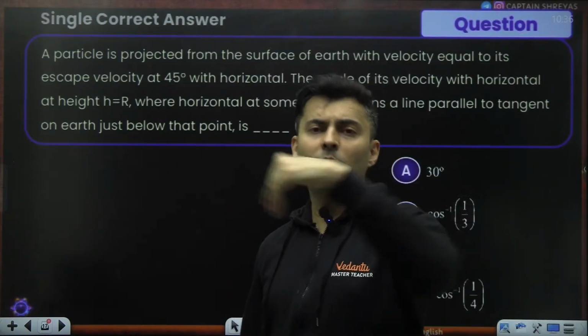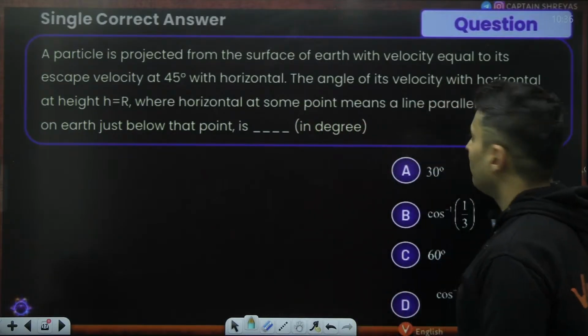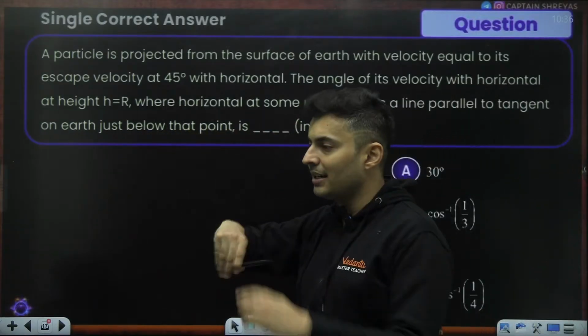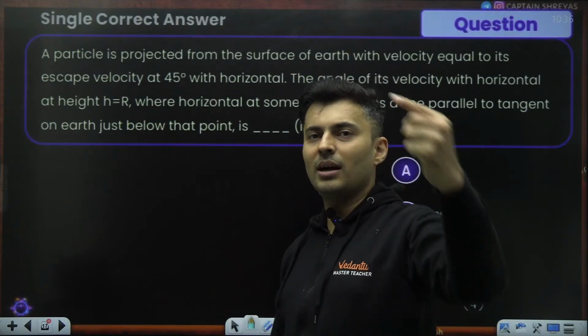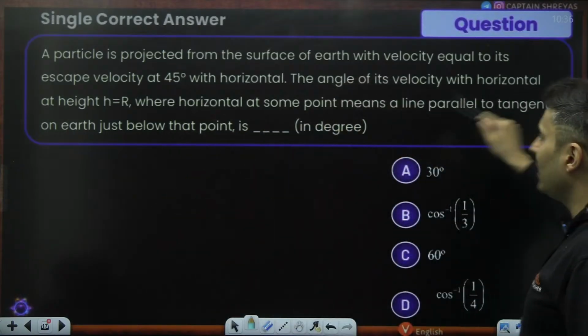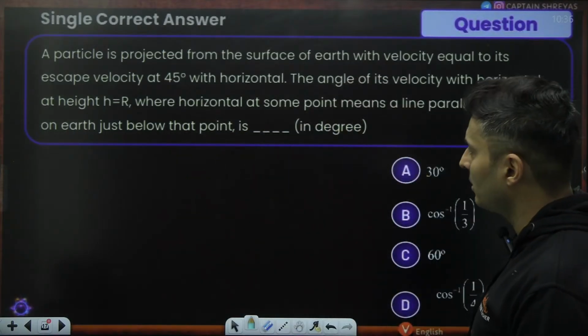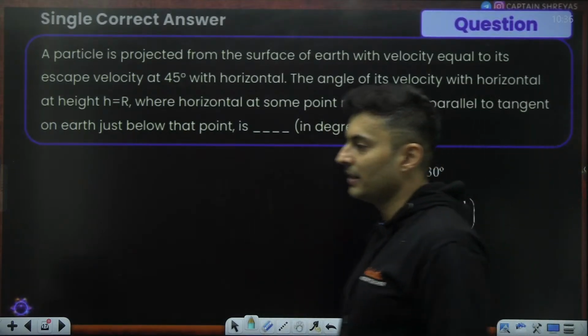But in the process of exiting, at some altitude where the height is basically the radius of the earth, the line parallel to the tangent on the earth just below that point makes some angle with the velocity.